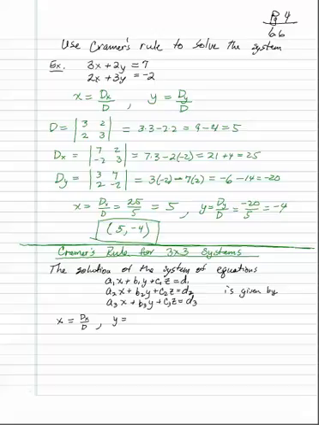So x is going to be d sub x over d, y is going to be d sub y over d, and z is going to be, guess what, d sub z over d. So if you're paying attention to the last one, the way you figure out d sub x is you take the x column out and replace it with the constants.